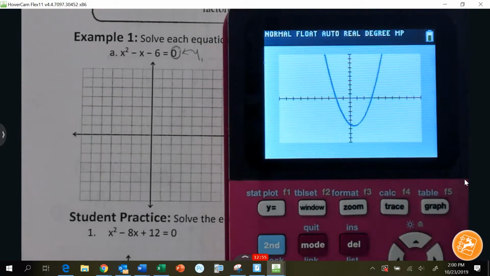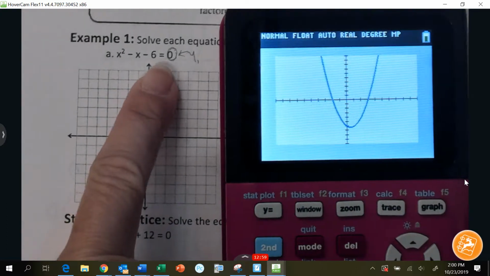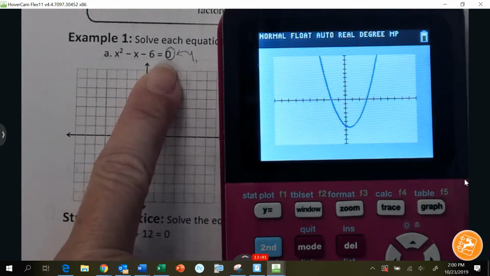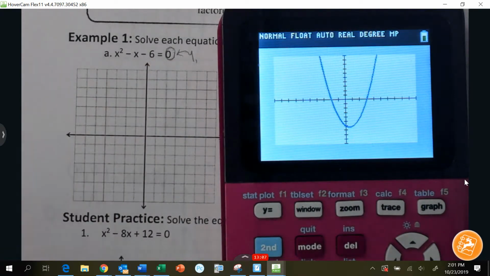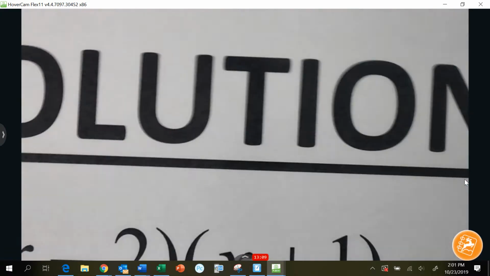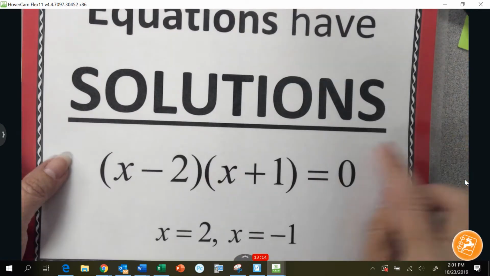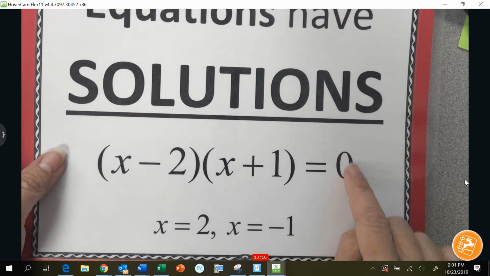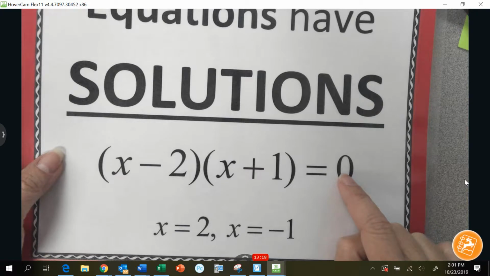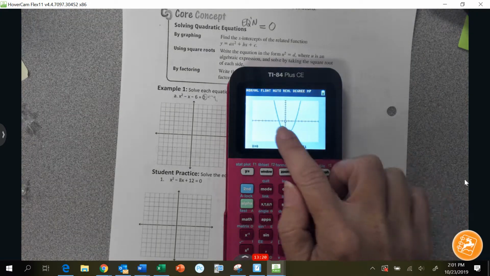Okay, guys, when we solve, since this equation was not originally y, since this equation was 0 equals, I'm thinking about what that would mean if y became 0. What would that mean graphically if y became 0?